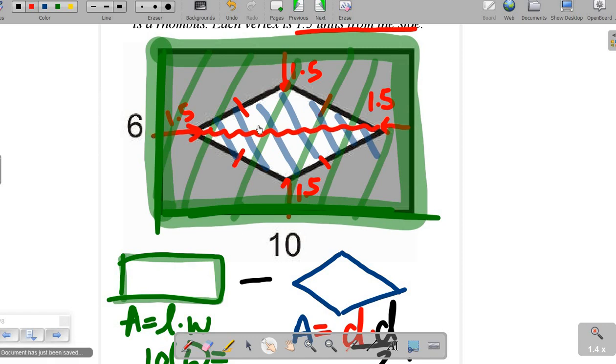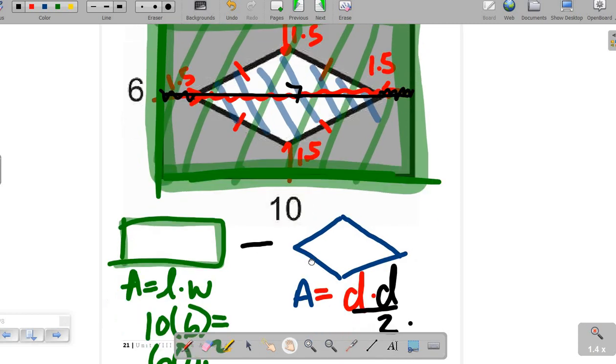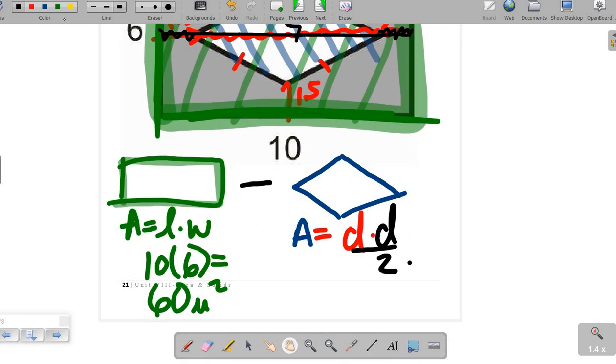But we only need the length of this diagonal. So we're in 1.5 on one side, 1.5 on the other. You add that up, that's 3. So 10 minus the 3 gets me that one diagonal is going to be 7.